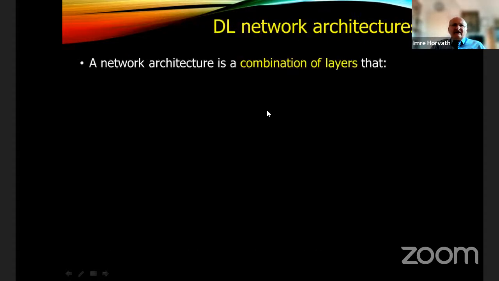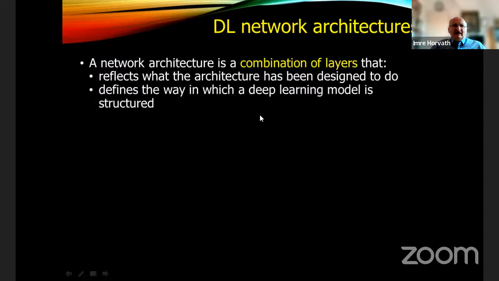There are various deep learning network architectures, and as combinations of layers, every architecture is designed for a particular purpose. A network architecture also defines the way in which the deep learning model is structured and developed.